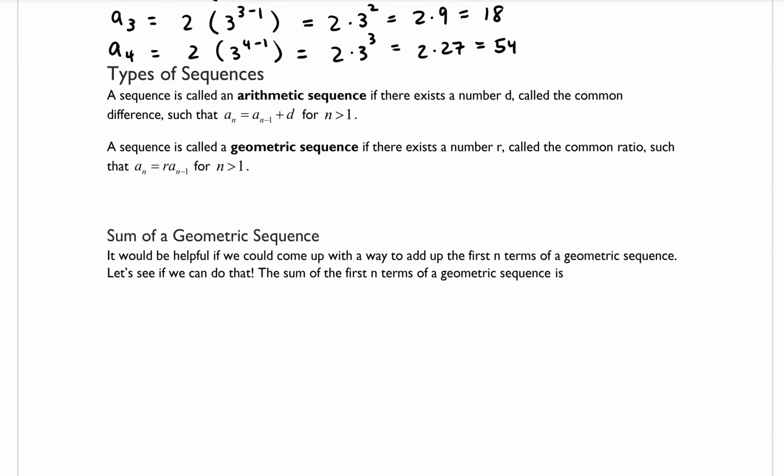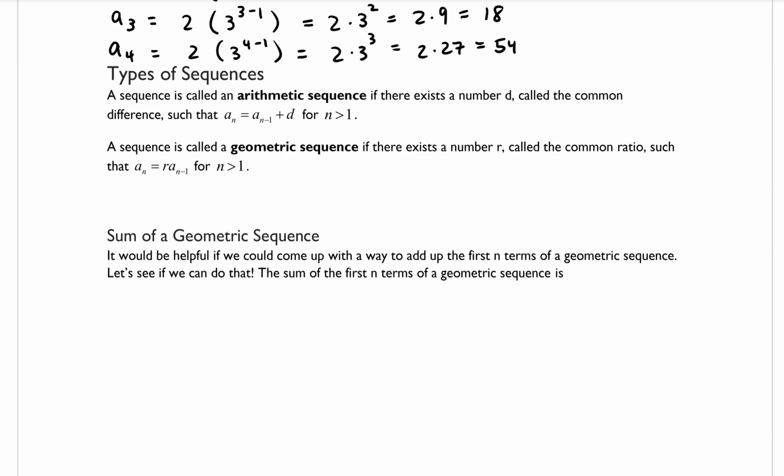In this class, we are going to be dealing with 2 types of sequences. The first type is called an arithmetic sequence. So we have that scenario if there exists a number d called the common difference, such that for any term in the sequence, that term or that value is equal to the previous term in the sequence plus this common difference for values of n greater than 1.